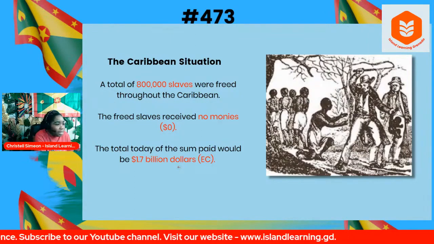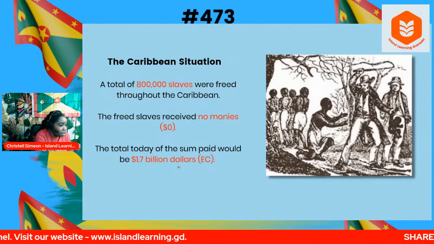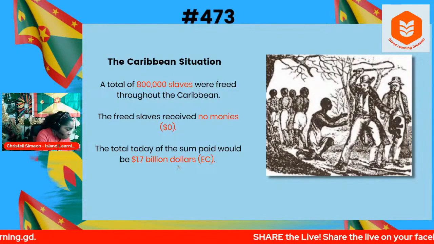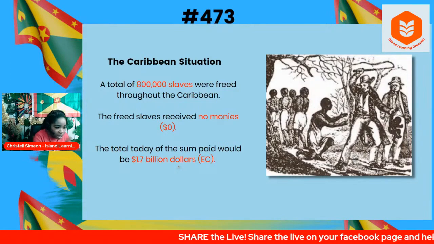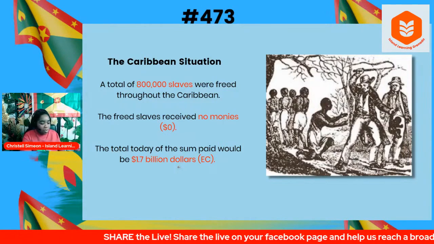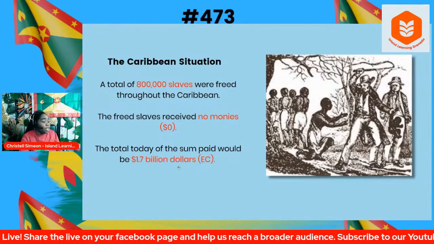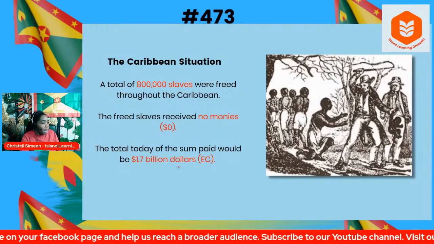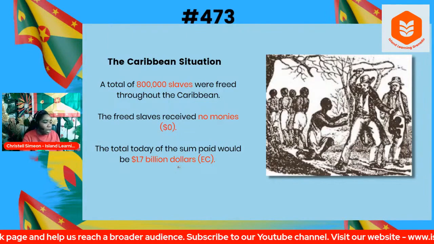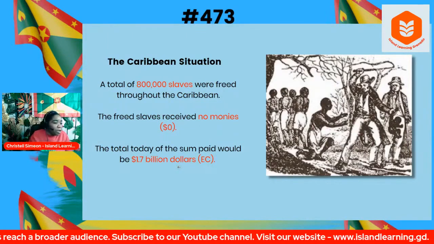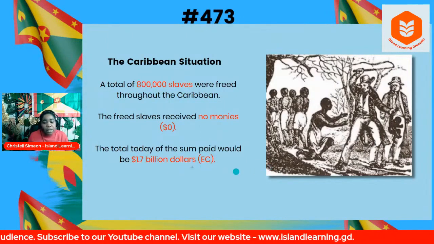So I think the budget that was delivered for Grenada was about 1 point something billion dollars, right? So if you were to get all the money, the 20 million, just Grenada alone would be able to cover the budget. But anyways, we won't get into that. But that's the total sum of the 20 million pounds. In today's money, it would be 1.7 billion EC dollars.